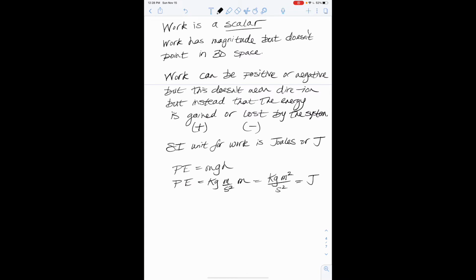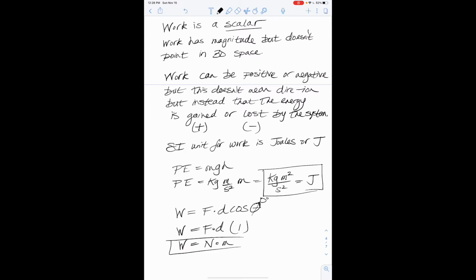Now, another way to think of what a joule is would be if we just think about the formula for work. Let's say W equals F D cosine of 0. 0 is going to give us max positive work, which I'll talk about in a second. So cosine of 0 is just 1. So we get the max positive amount of work, which is W equals F D, which would have units of newtons times meters.